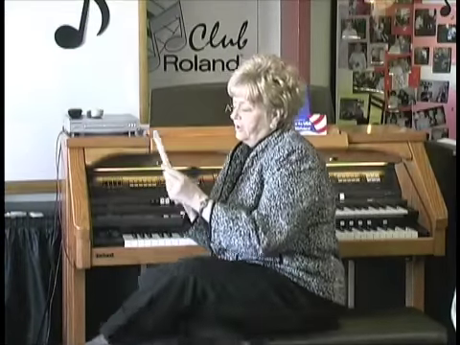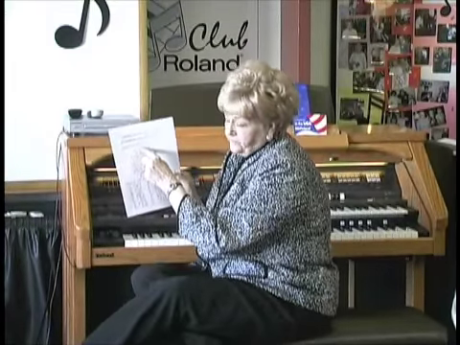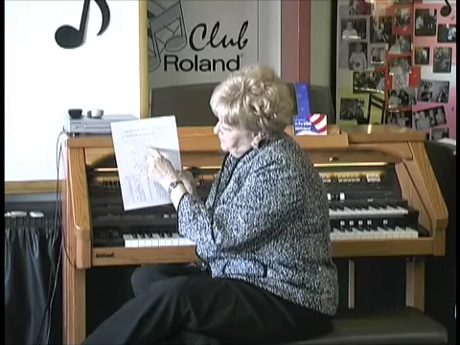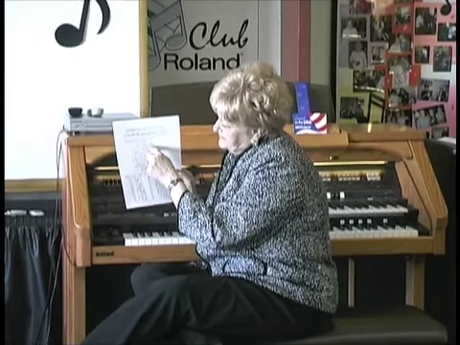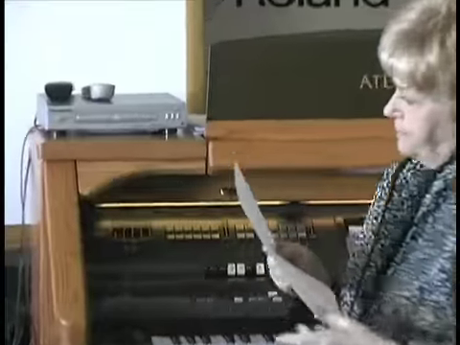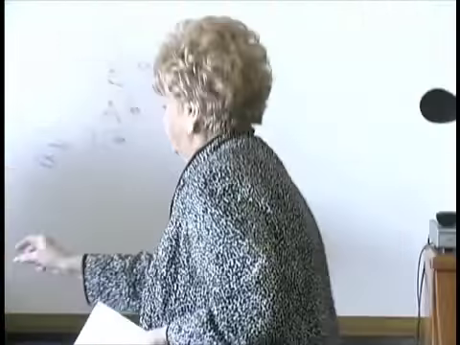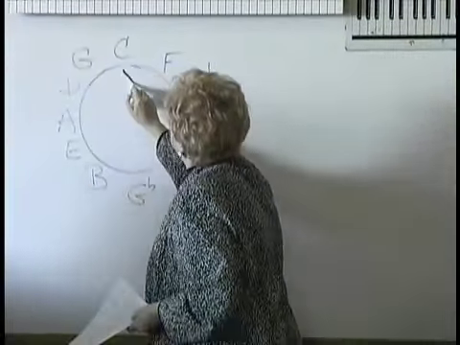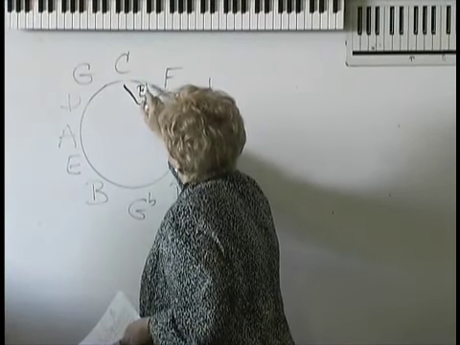At the top of the paper, it says, seventh chords move to the right on the circle. Practice the chords listed below. Move to the right and listen. So on the circle, you have a C chord, and then there's a little bitty triangle between C and F, and there's a B flat in there.